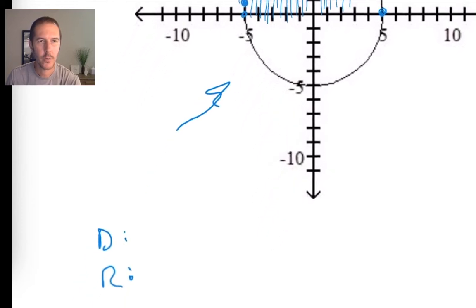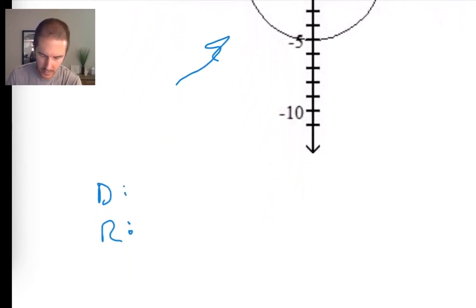And so for my domain, I'm going to say that if I made a list of all of those x values, the lowest one would be -5, the highest one would be +5, and everything in between, all of the x values between -5 and +5, including -5 and +5, which is why I have used these square brackets right here instead of using a parenthesis.